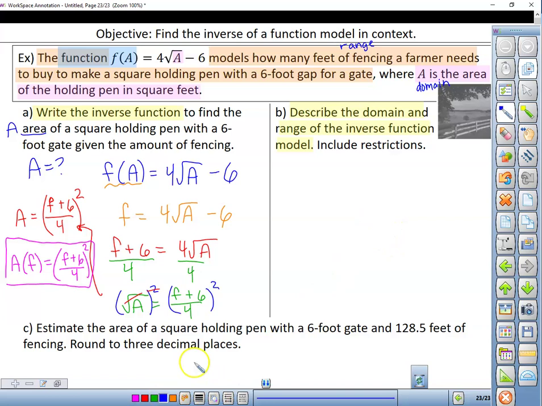So looking at the domain of the inverse, it must be the same quantity as the range of the original function. So that makes the domain the feet of fencing a farmer needs to buy.